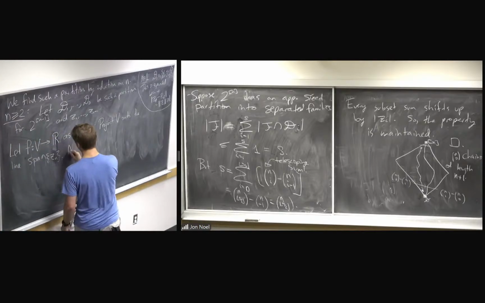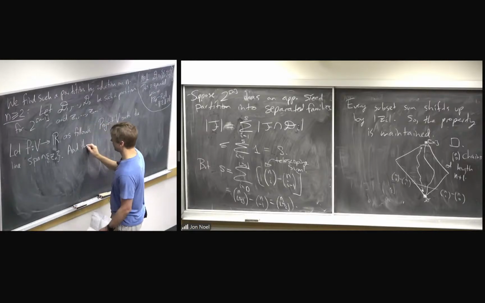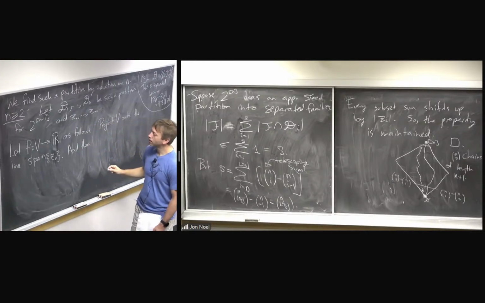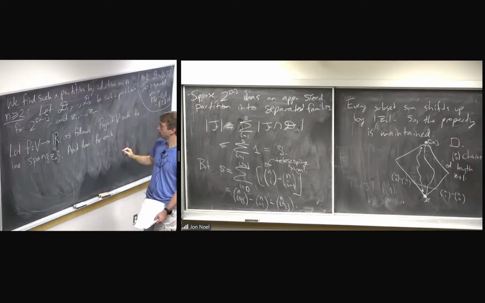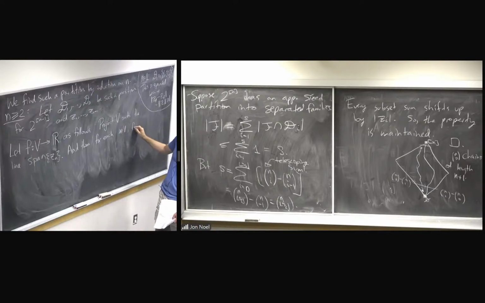And then for each x in V, we define f of x to be equal to the length of that projection. Zn points in some direction, right?